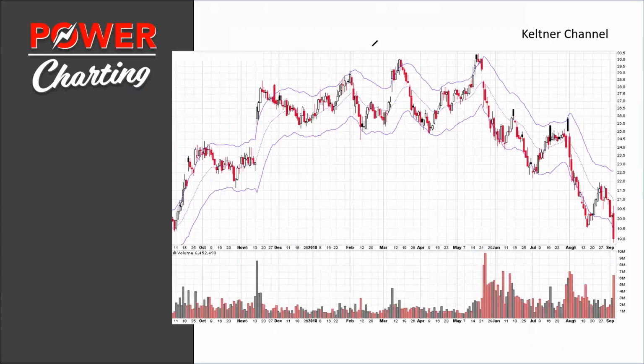It's calculated based on average true range, with 2 average true ranges above and 2 average true ranges below the moving average, which creates this envelope. In this example, what we're scanning on is the instrument falling below the lower Keltner channel line and breaking down through that. You can see this happens periodically in the course of a downtrend.